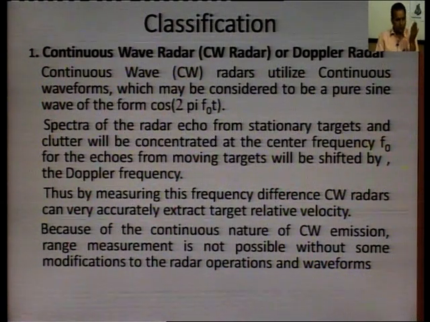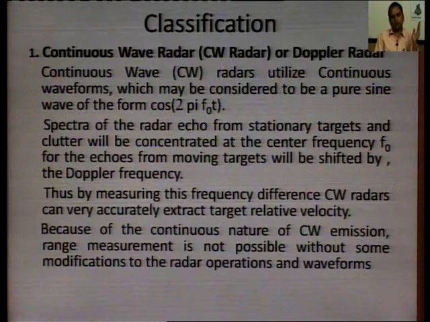As we saw in the case of pulse radar, only one antenna was used for transmission as well as reception by using a duplexer there. But here in CW radar, this is not possible, because the signal is being transmitted continuously, and it has to be received somewhere else, at the receiving antenna. And at the receiving antenna, what do we have?